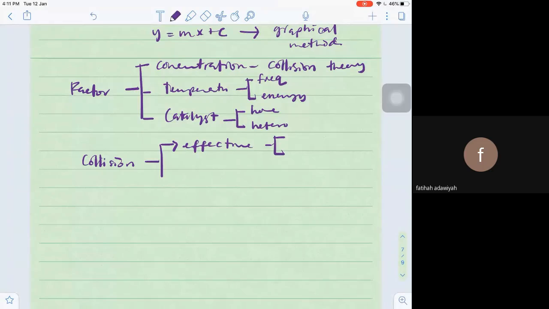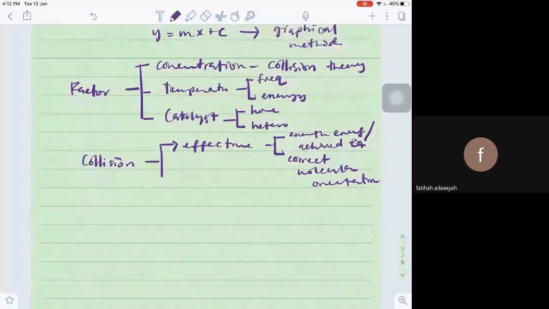The first one is enough energy, or achieving EA. The second requirement for the effective collision is correct molecular orientation. And the second type of collision is ineffective, which means that no product forms.